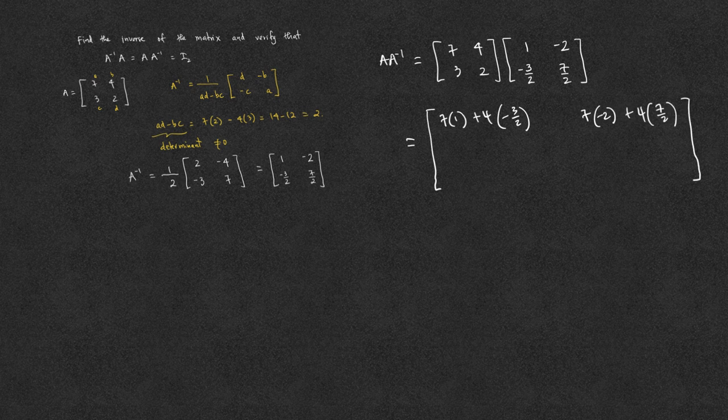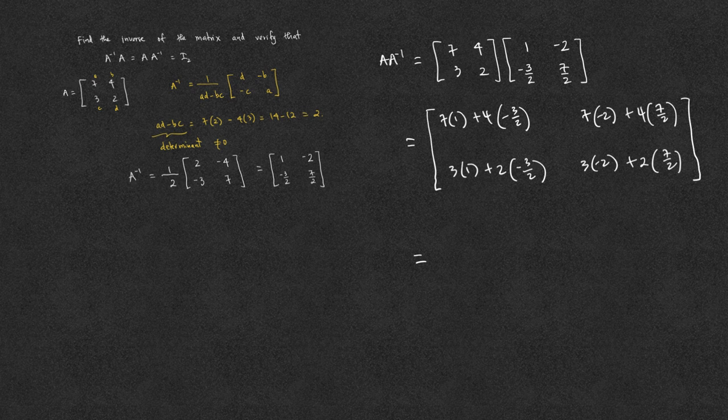And then to get the entry in the second row and the first column, we take the second row in the first matrix and multiply it by the first column in the second matrix as an inner product. So this is 3 times 1 plus 2 times negative 3 over 2. And lastly, 3 times negative 2 plus 2 times 7 over 2.